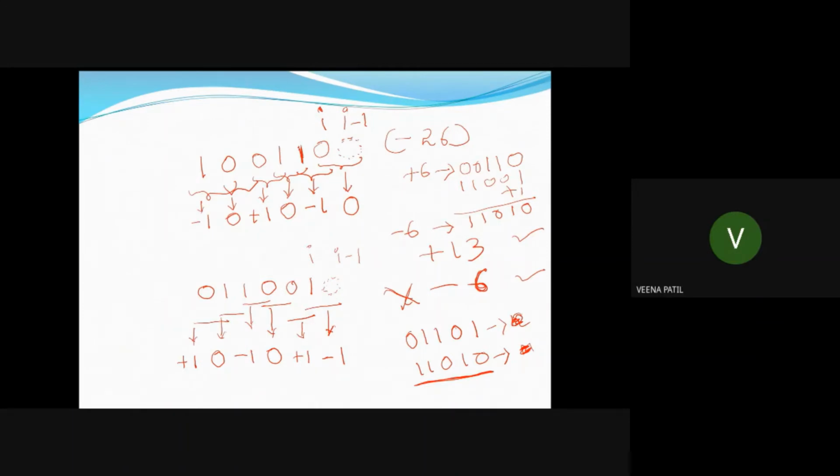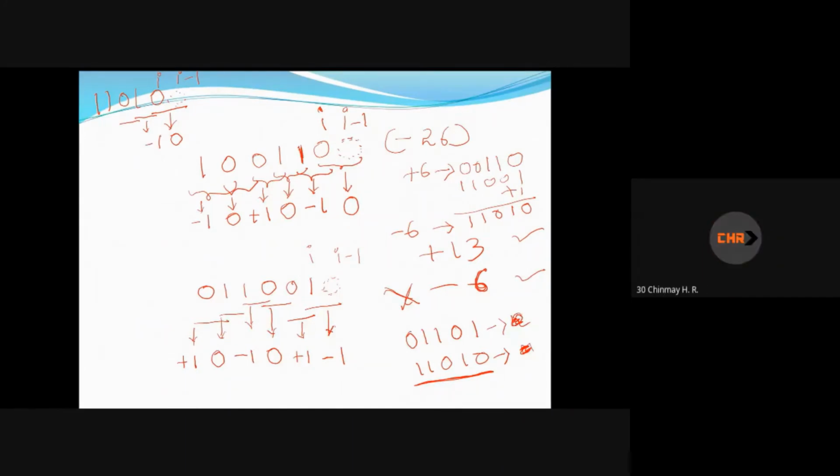So shall we write here -6, 1 1 0 1 0. If this is the ith bit, I have to imagine an imaginary 0 over here. So this will be my i minus 1th bit. What will be the value? 0. How about 1 0? If it is 1 0, -1.